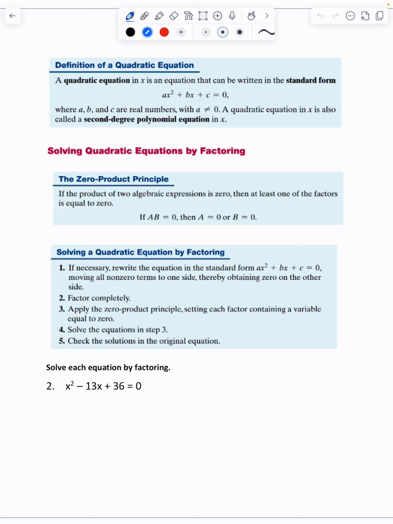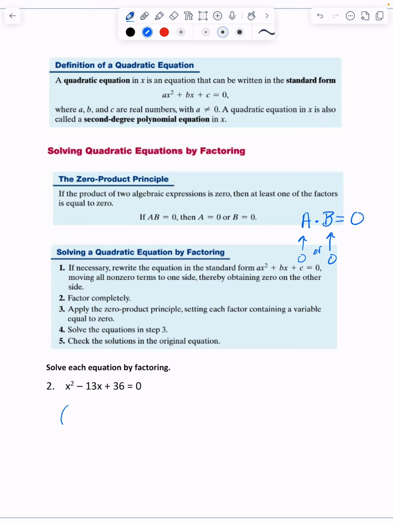I've also written down the directions or the rules for solving a quadratic by factoring. If necessary, you're going to write the equation in standard form. In other words, it needs to be set equal to 0. Going back to the zero product principle, if two numbers multiply to 0, either the first number is 0 or the second number has to be 0. Common sense.